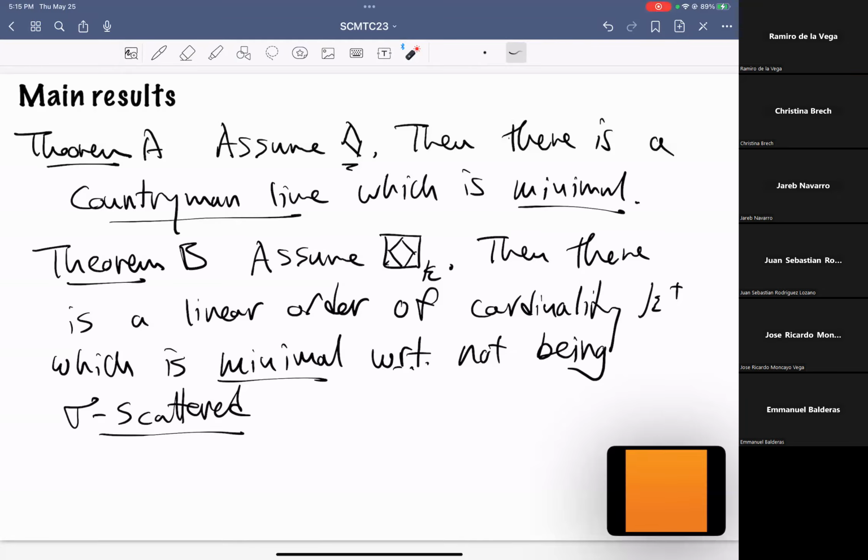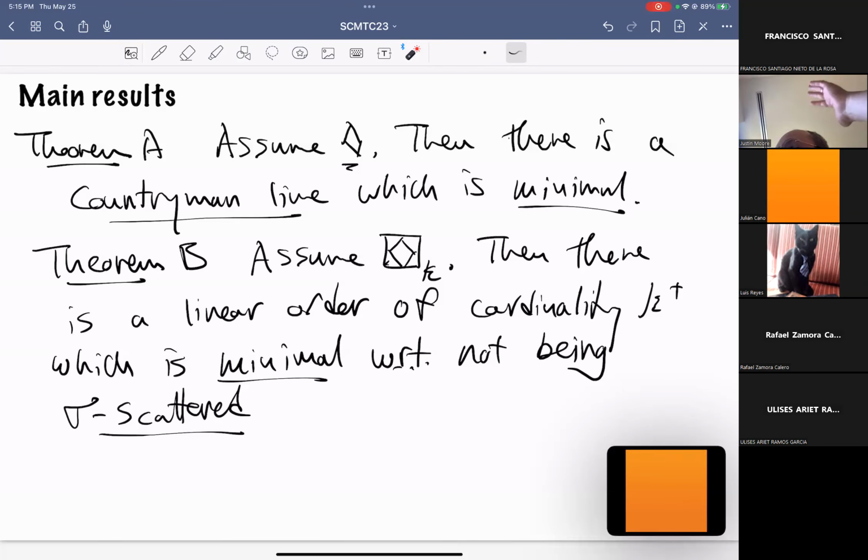It's a little bit lengthy to write down the full definition, and exactly what it means is not terribly important. The relevant information is that it holds if V equals L. It's an L-like principle that combines a coherent sequence with a guessing principle.